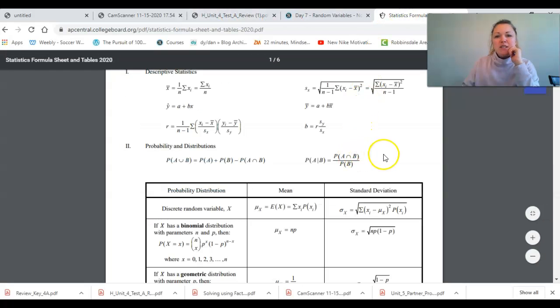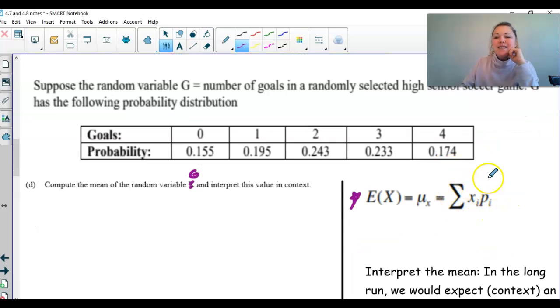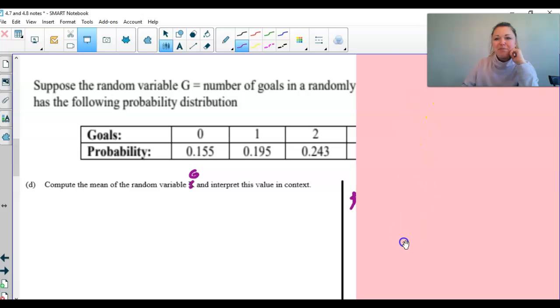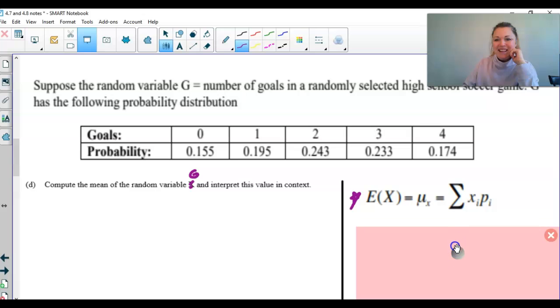Okay, now on this formula sheet, you can see right here the probability distribution of a discrete random variable x, the mean, and they give you this formula right here, which we have written right here as well. What does this mean over here? I'm going to cover it up so we don't spoil too much. All right. So to find the mean, this right here means we're going to find the sum.